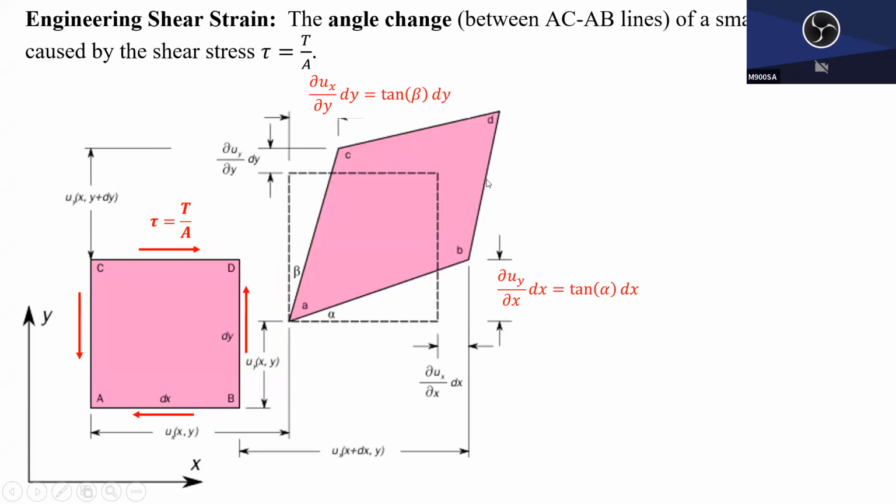So here we go. Shear strain. The idea of shear strain is if you have a small element that has a square shape, apply the shear stress, then you will force this shape into a parallelogram like this, right? This end is going to displace this much.